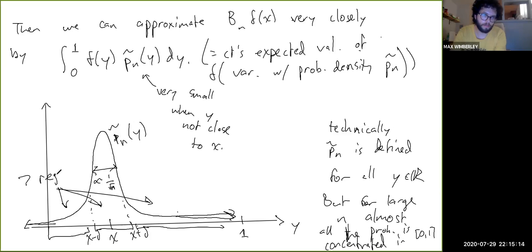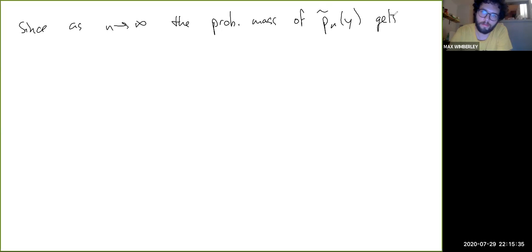And the point is that as n goes to infinity, the probability mass of pn tilde of y gets concentrated in x minus delta, x plus delta.